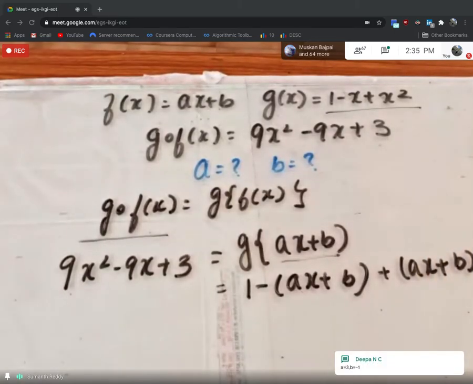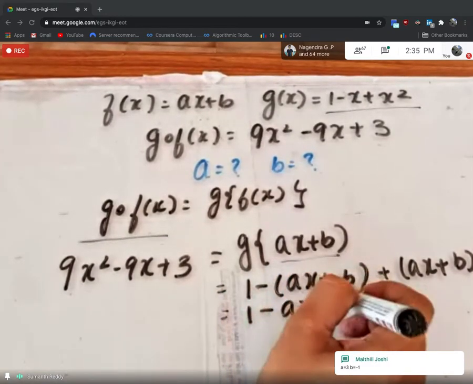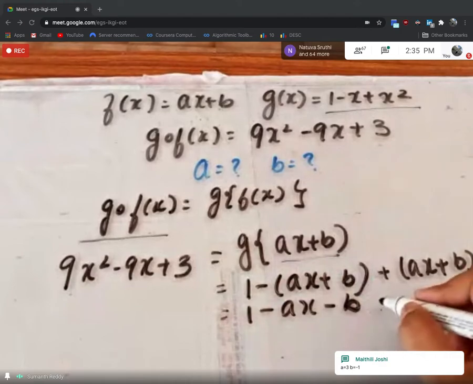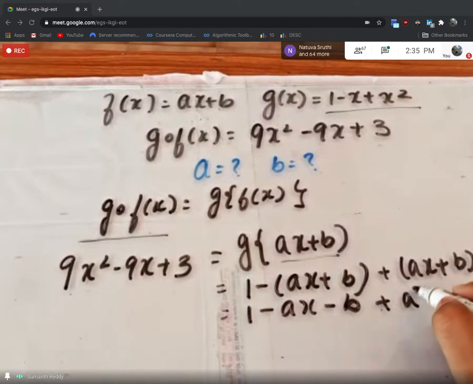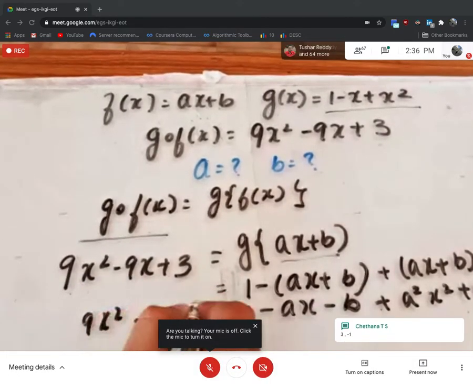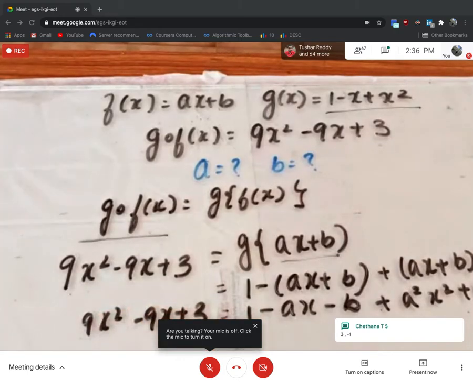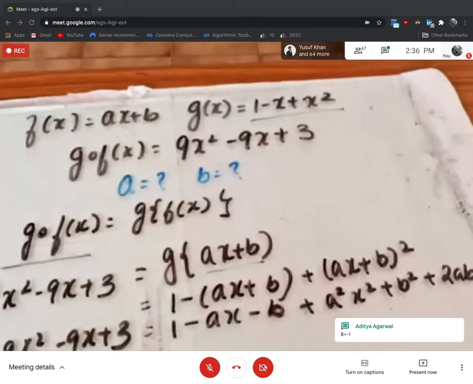Now this can be rewritten as 1 minus ax minus b plus the expansion of a x plus b whole square, which is a square x square plus b square plus 2abx. In the LHS, what we have is 9x square minus 9x plus 3. I have to equate the powers: x square, x, and the constant part.